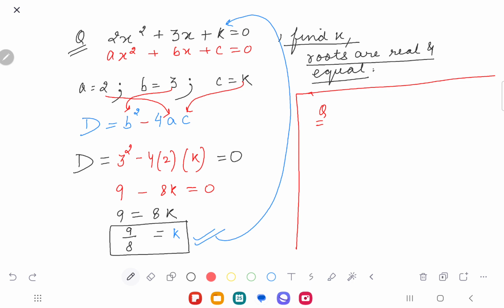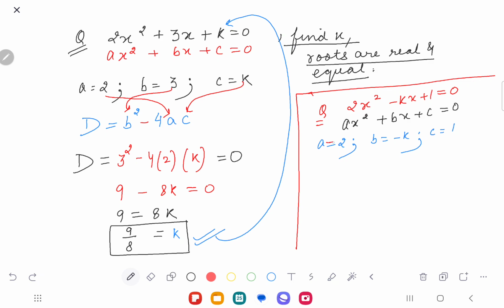Find out the value of k for this equation 2x square minus kx plus 1 equals to 0 where the roots are real and equal. What are we doing? We are going to do ax square plus bx plus c equals to 0. So a here shall be 2, b here shall be minus k, and c here shall be 1.